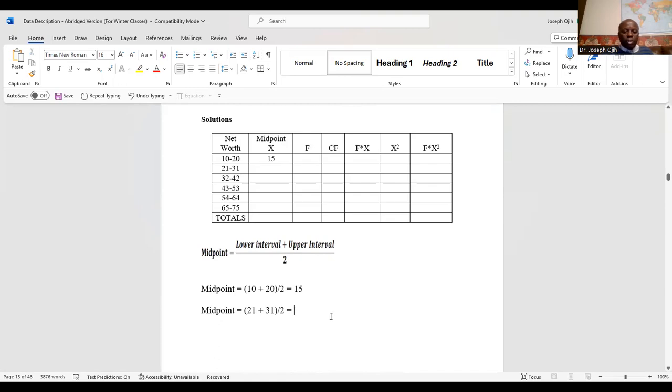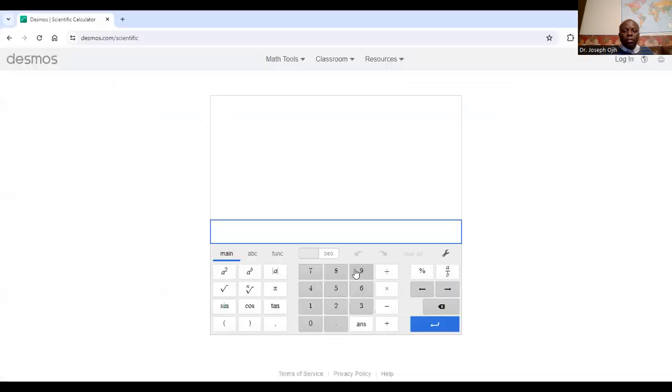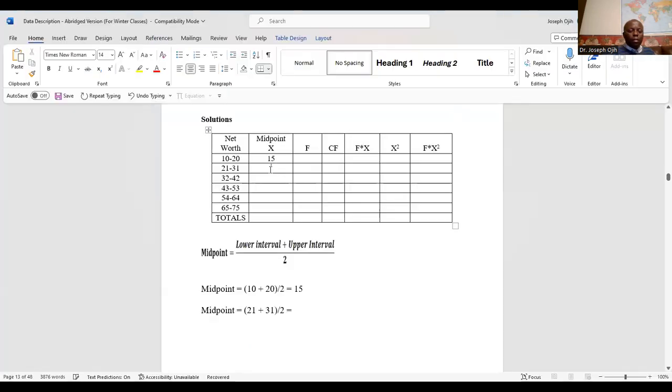We can do this with a calculator: 21 plus 31, divided by 2, gives 26. So the midpoint for that class is 26. We follow that method all the way to the last one. I have them written here so that will save us time.